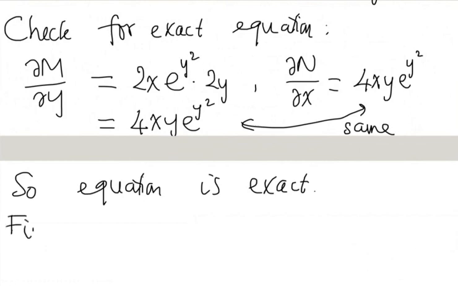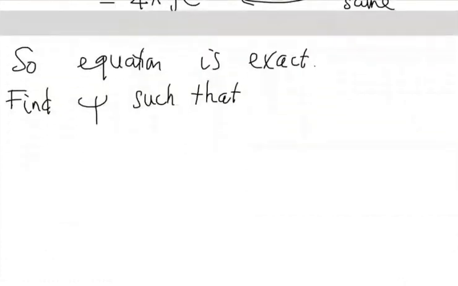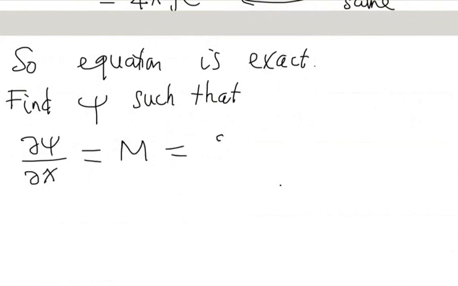Now we need to find the potential function psi, such that we have two equations. Partial psi, partial x should be M, which is 2x e to the y squared.